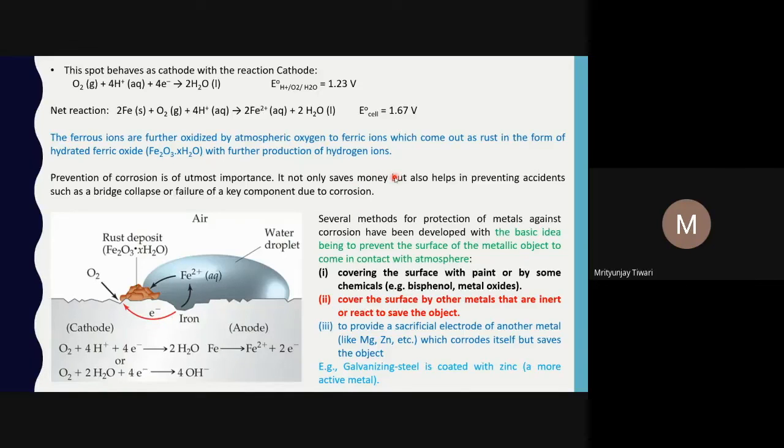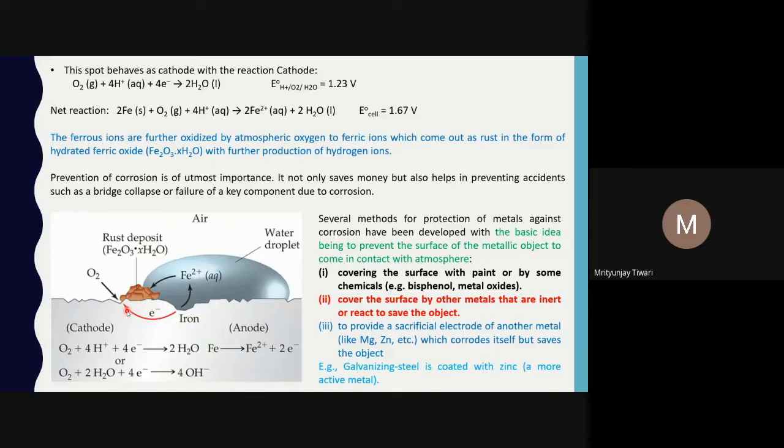We don't want this corrosion or rusting to take place, and the rough diagram that is given here shows Fe, this is the iron. At a particular spot, iron is converted into Fe2+, and the electrons that were produced will go somewhere else, and here they react with the oxygen to form water molecules and H+ ions as well.